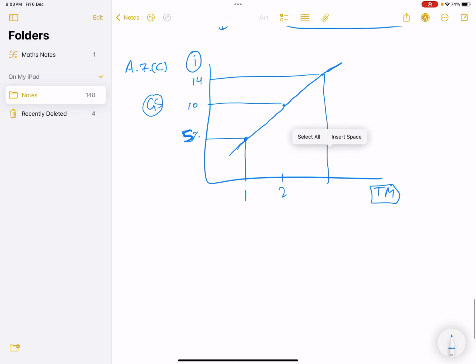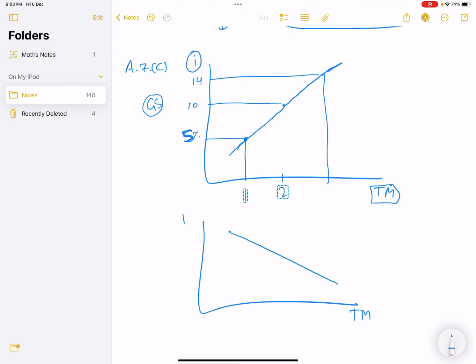Now they are asking in which particular case can this be downward sloping. Downward sloping means, this is term to maturity, this is interest rate. Downward sloping means you are expecting that the interest rate for a higher duration bond or government security would be falling in the future.